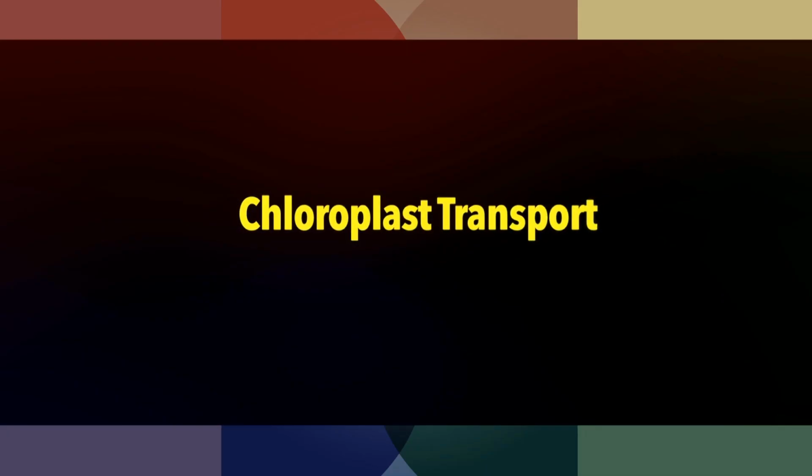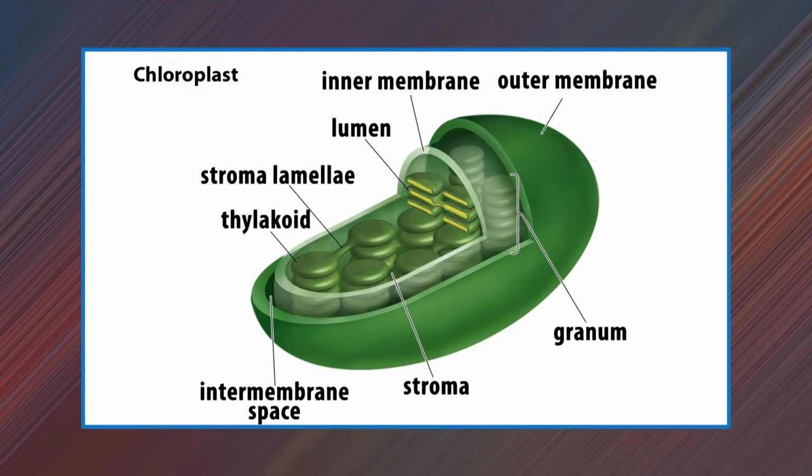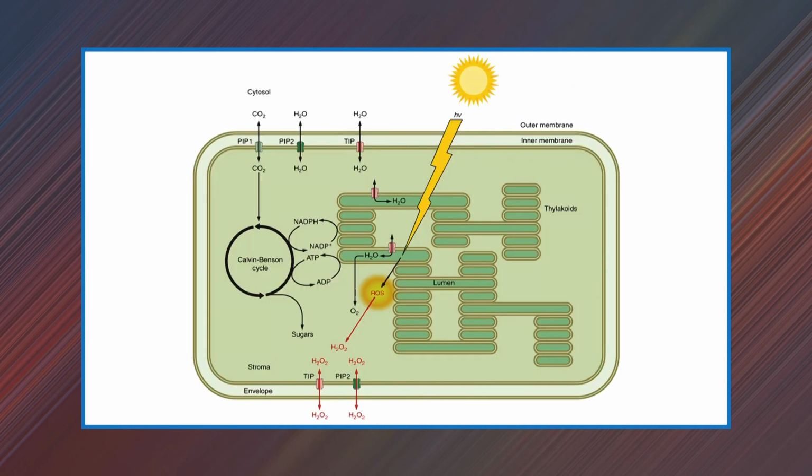Number 3. Chloroplast transport. Because of its roles in cell bioenergetics and photosynthesis, the plant chloroplast is a unique organelle in eukaryotic cells. One key reaction is oxidation of water to molecular oxygen that occurs in the thylakoid lumen.